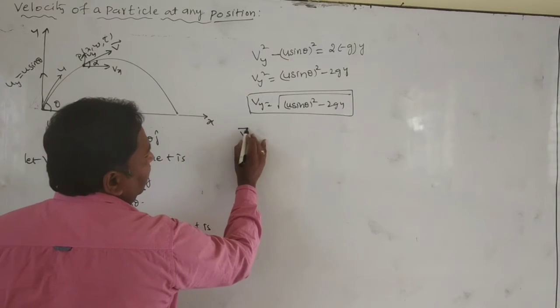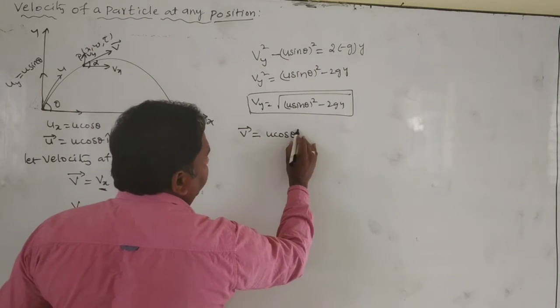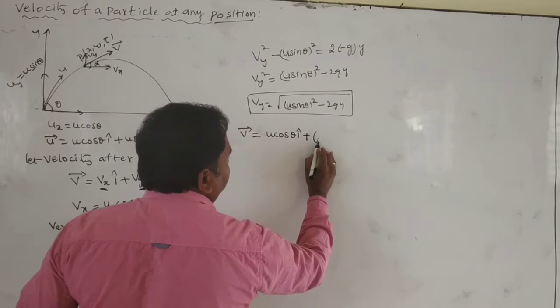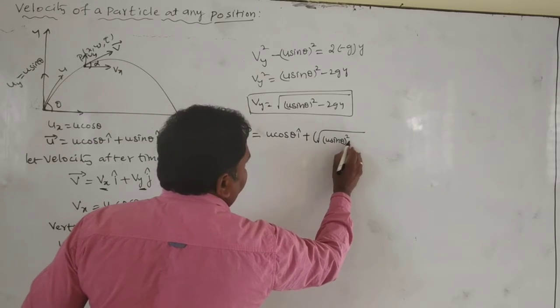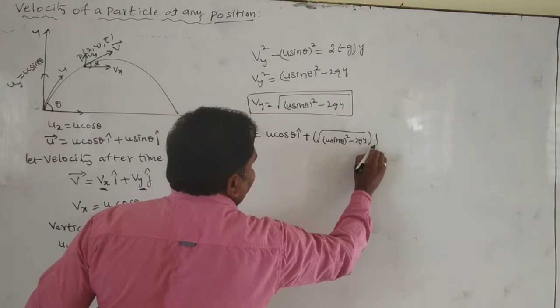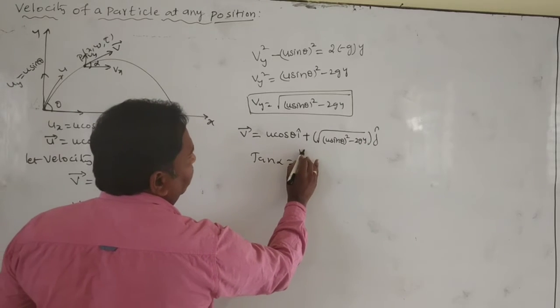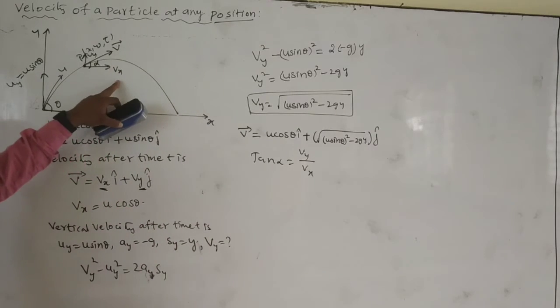Now what is the resultant velocity? U cos theta i cap plus root over (u sin theta) whole square minus 2gy j cap. Then tan alpha equals vy by vx, the opposite component by the adjacent component.